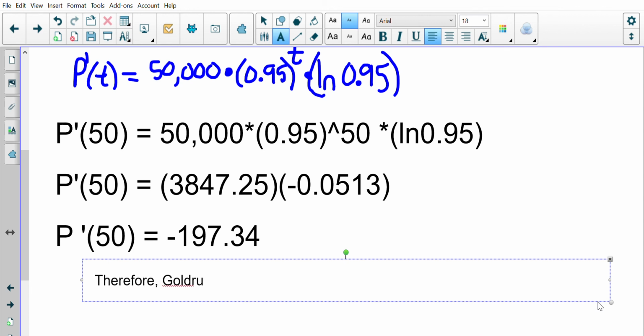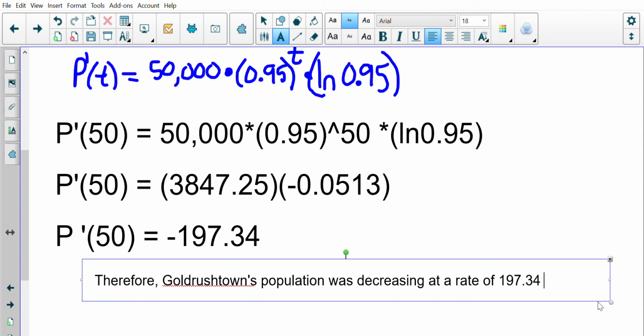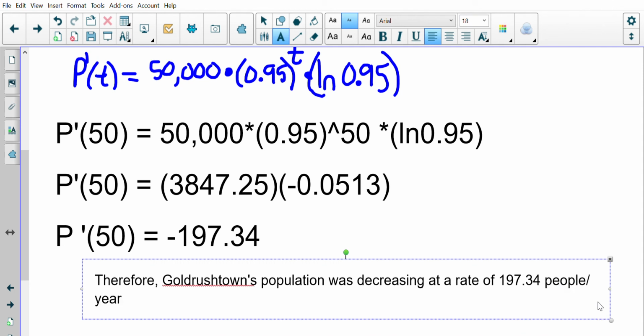And so, Gold Rush Town's population was decreasing at a rate of 197.34 people per year on January 1st, 1900.